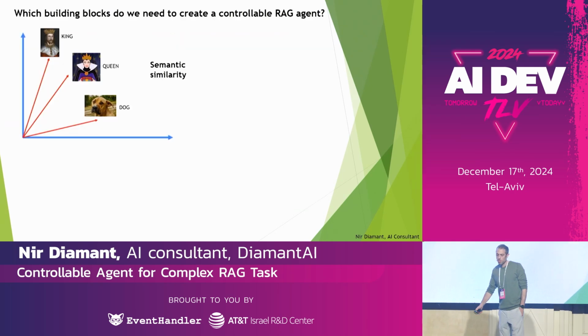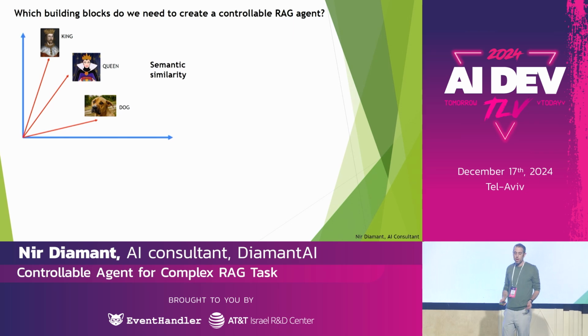Just before I describe which building blocks we need to create a controllable RAG agent, I'm going to talk about semantic similarity. The embedding space that stores those vectors is trained to put words that are semantically similar together, and those that are different further apart.